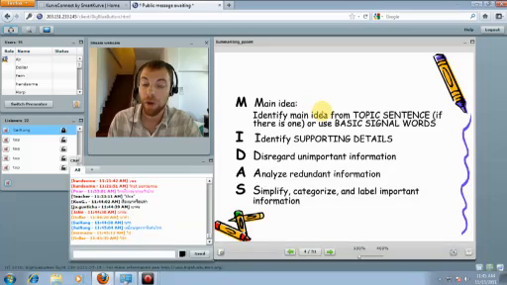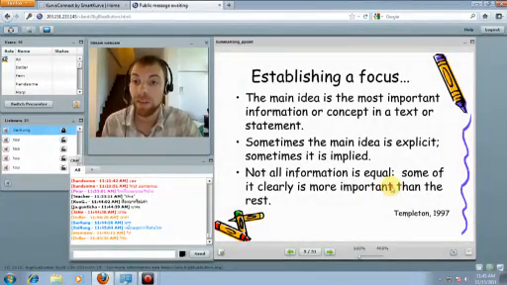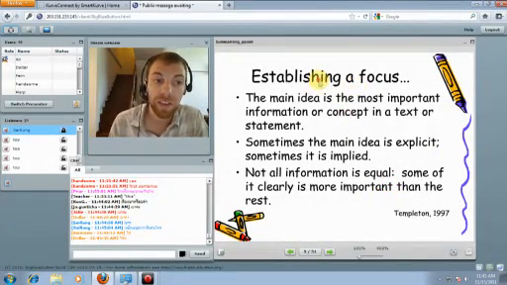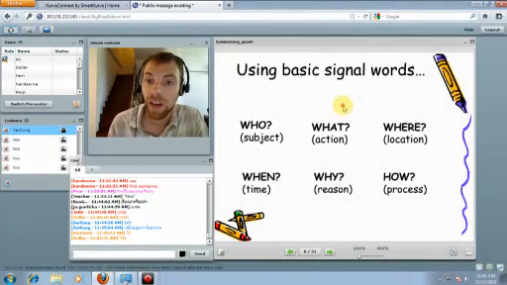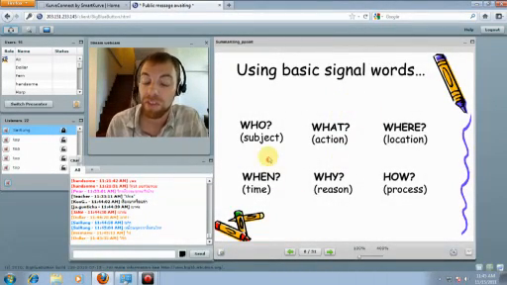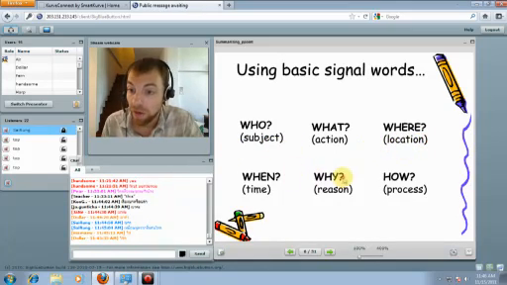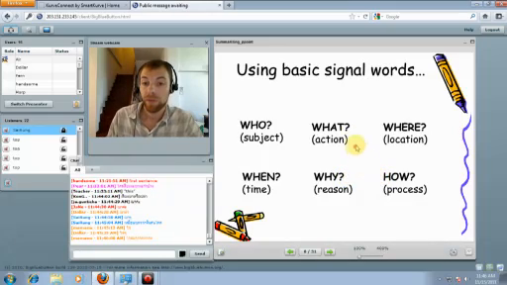So one more time, we have our main idea, important things, not important, summarizing, making easy, establishing a focus, what is our main idea, and using basics. Always important to think about finding the main idea, who, what, where, when, why, and how.